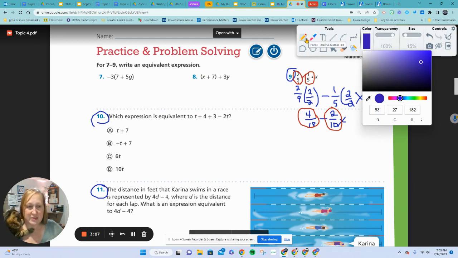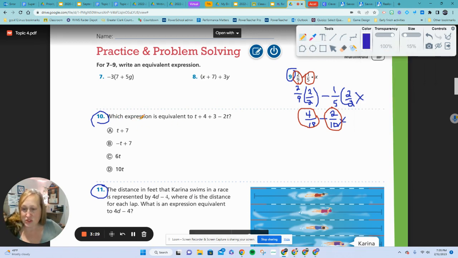All right, so let's try number 10. Which expression is equivalent to t plus 2 or plus 4 plus 3? So I'm going to rewrite this because I know that I need that. So t got moved, negative 2t got moved, plus 4 and plus 3.